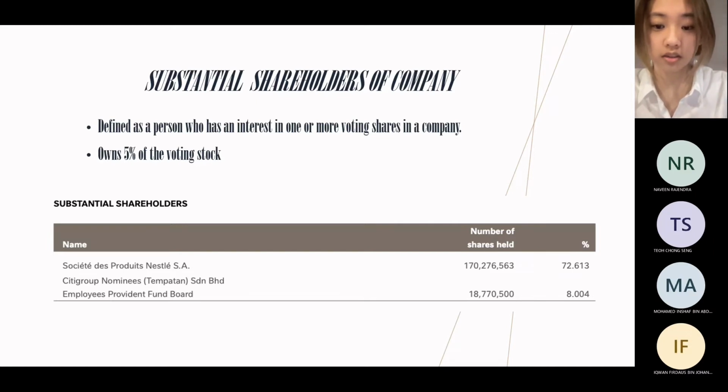However, the diagram shows that the number of shares held by Société des Produits Nestle SA is 170,276,563, with 72.613%, whereas Citigroup Nominees, Employees Provident Fund Board held 18,770,500 shares with 8.004%. The remaining shares of 19.383% are held by other shareholders.